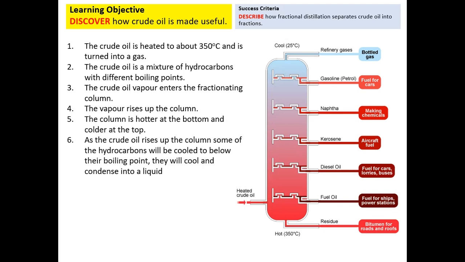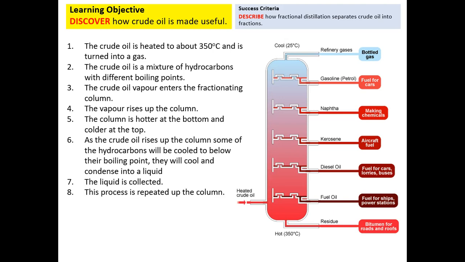Now, due to the temperature difference, as it rises up the column, some of the hydrocarbons are cooled to just below their boiling point, and when that happens, they will then condense into a liquid and can be removed at the side. That liquid is then collected and is used for whatever purpose. And this carries on all the way up.